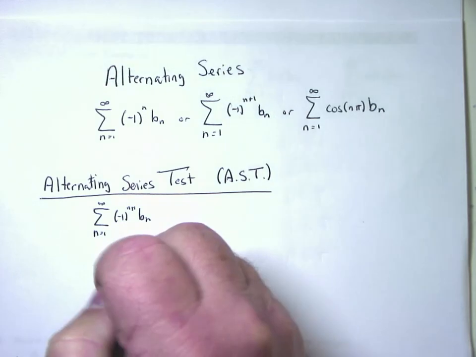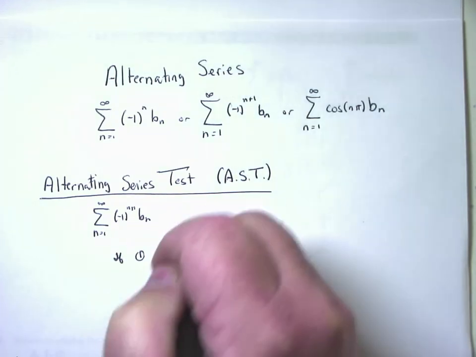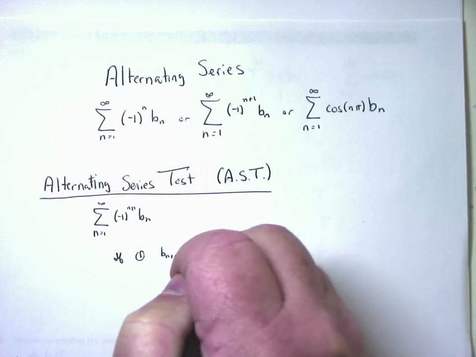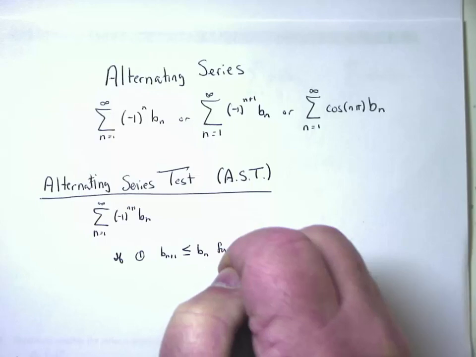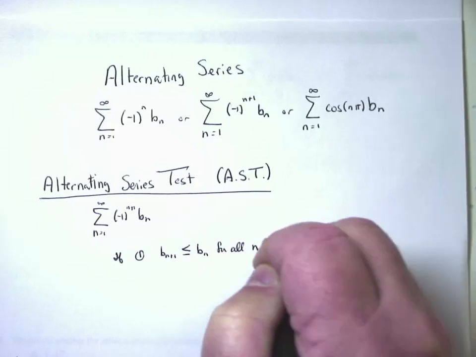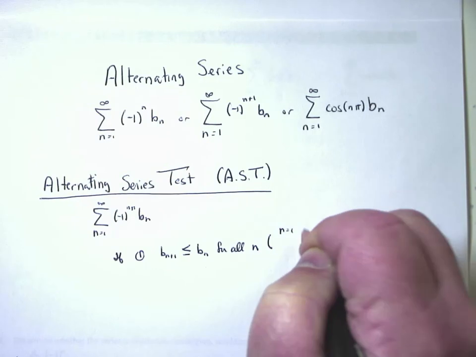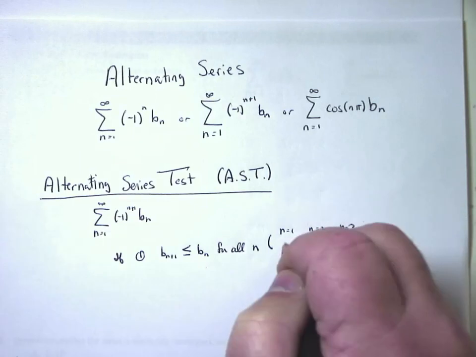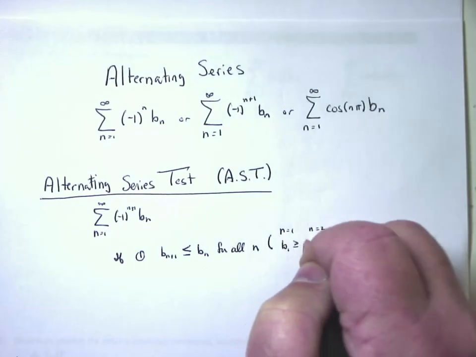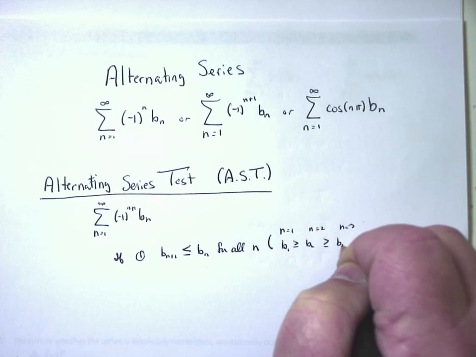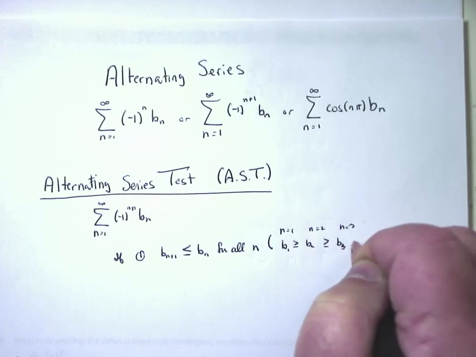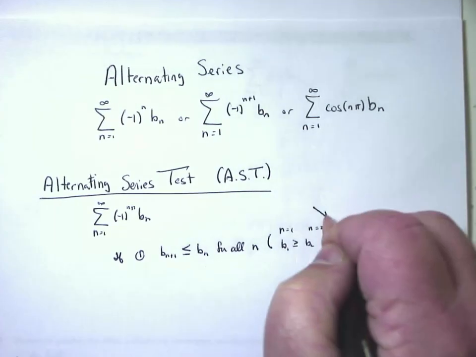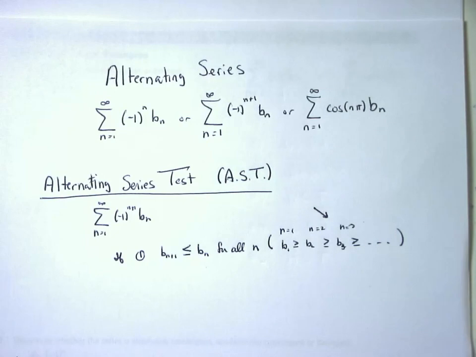If, number one, bn plus 1 is less than or equal to bn for all n, which means when you plug in n equals 1, n equals 2, n equals 3, it's got to be monotonically decreasing. b1 has to be greater than or equal to b2, which is greater than or equal to b3, greater than or equal to, all the way down the line. The terms have to go down. And this is what you need to show me.